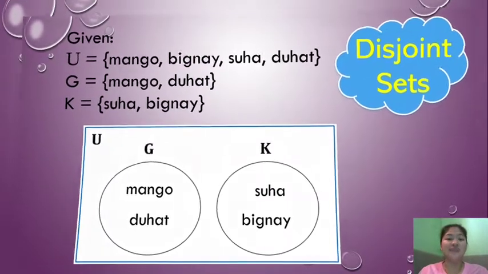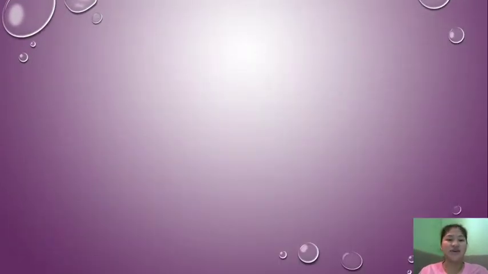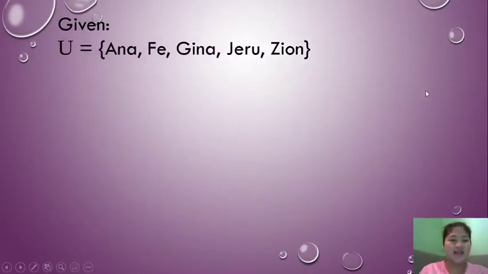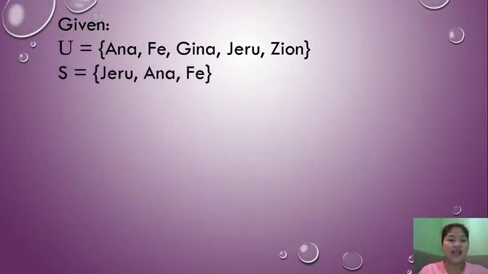And for the last example, let's say you are given the universal set contains Anna, Fe, Gina, Jeru, and Zion. And set S contains Jeru, Anna, and Fe. Set T contains Fe and Anna.